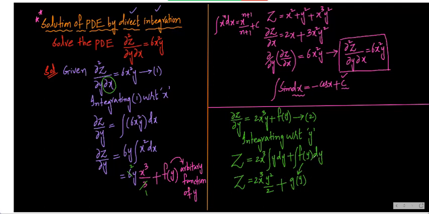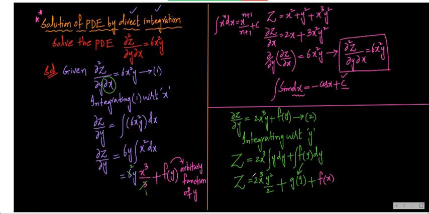Because we cannot integrate this term, we are supposing that the answer is g of y plus some arbitrary constant which should be in terms of x. So that constant I write as f of x. Integrating with respect to y means the constant should be in terms of x.